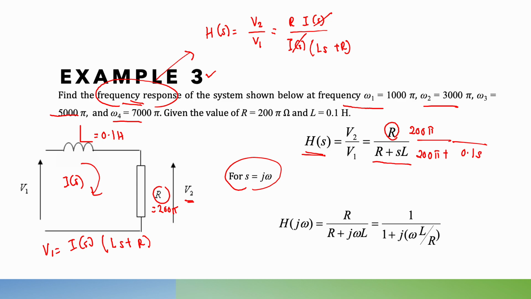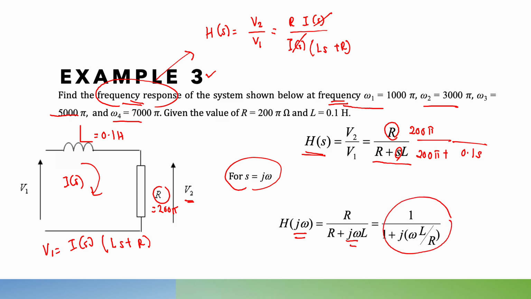What we have to do is find the frequency response at the different frequencies. So we substitute s equals j omega. Therefore H(j omega) equals R over R plus, with all the s replaced with j omega, j omega L. So we will get as such.